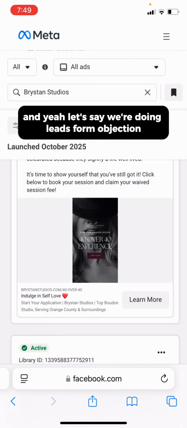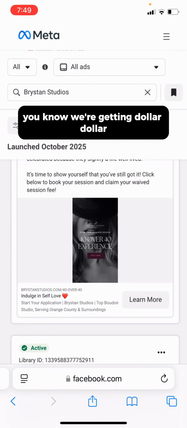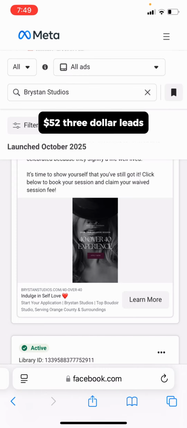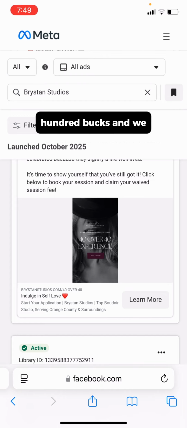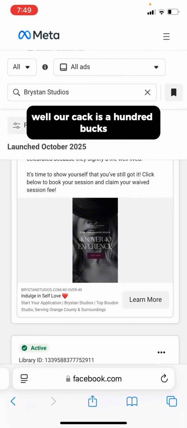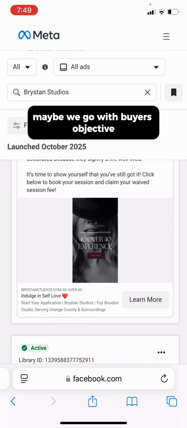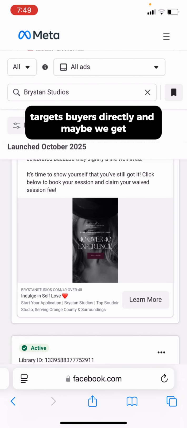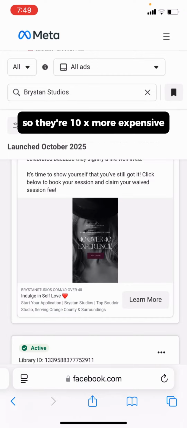And yeah, let's say we're doing lead form objective, and we're getting $1, $1.50, $2, $3 leads. Or let's say we're getting $100 leads, and we close one deal from a lead, 1% conversion rate. Well, our CAC is $100, customer acquisition cost, aka CPA, cost per acquisition. But maybe we go with a buyers objective that targets buyers directly, and maybe we get, who knows, 4 leads for $10 each, so they're 10x more expensive.